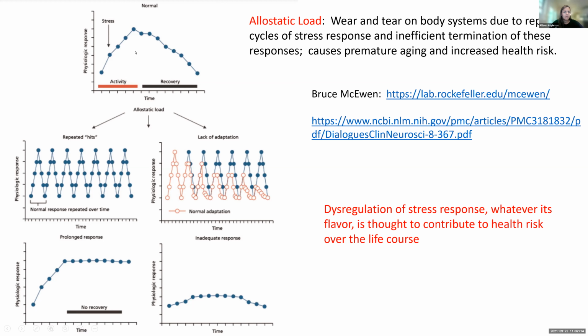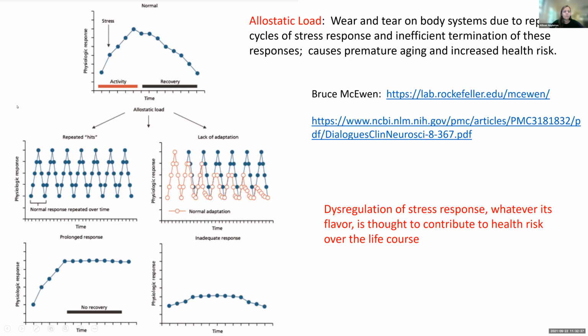So the top schematic here on the slide shows physiologic activation on the y-axis, physiologic response, and then time on the x-axis. And what we see with the induction of a stressor, the body mobilizes a physiologic response to deal with it, and then that stress response terminates and the body recovers to its baseline physiologic state.